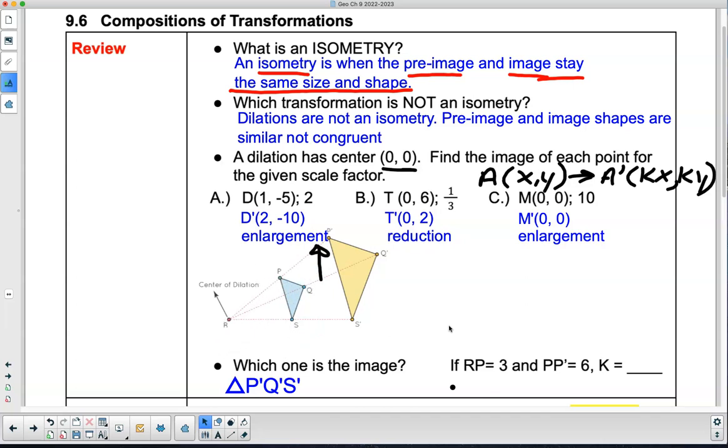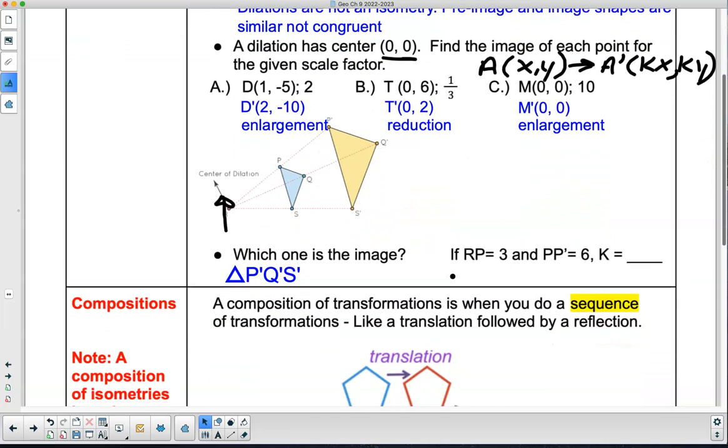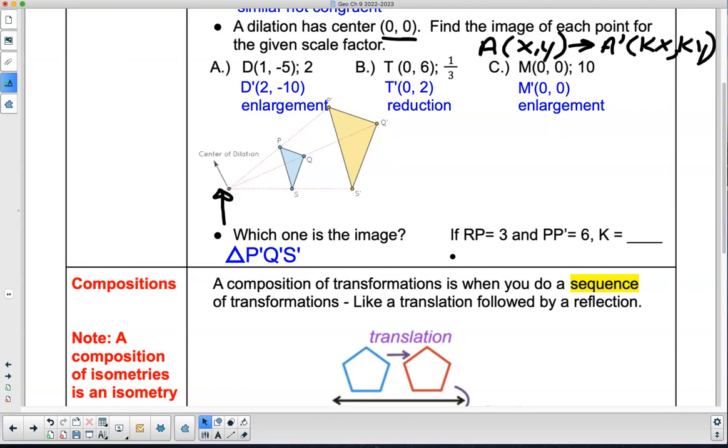And when it's on the other side of the center of dilation from our original point, it becomes an enlargement. Now I've got which one is the image. We've got P prime, Q prime, S prime is our image, not because it's the bigger one, but because of the notation here, P prime, Q prime, S prime.